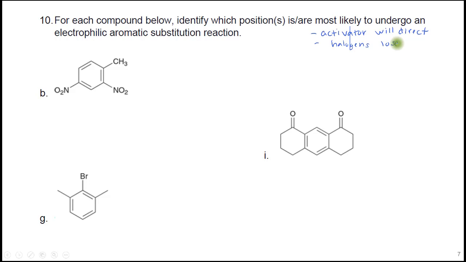So in B, we have an activating group, the methyl here. This is deactivating or electron withdrawing, as is the other nitro. So the methyl group is the one that's directing. The para position is taken, so the next group will add to the ortho position.